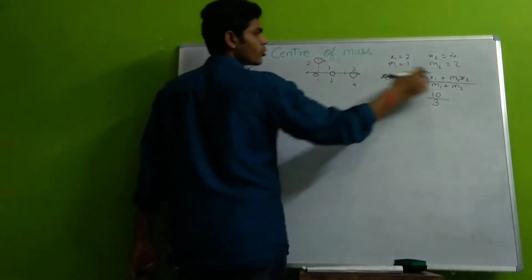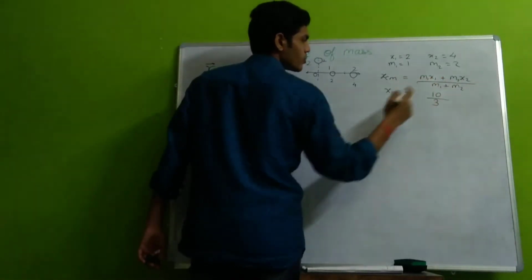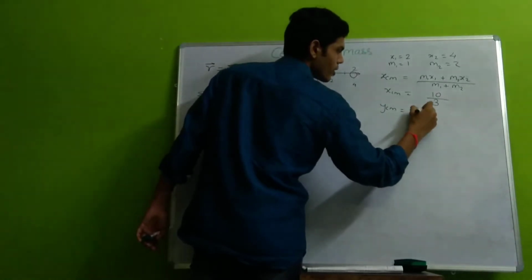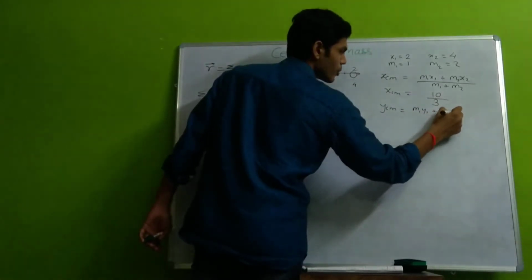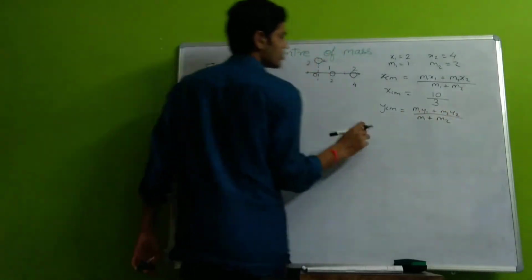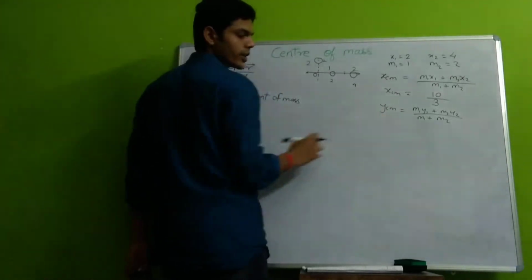In this case, x2 will be 0. So we get XCM as m1 x1 upon m1 plus m2. Now YCM equals m1 y1 plus m2 y2 upon m1 plus m2. This is how we can find the y coordinate of center of mass.